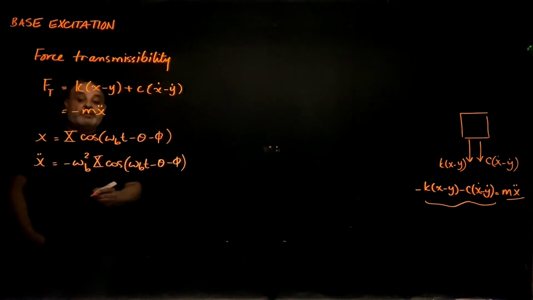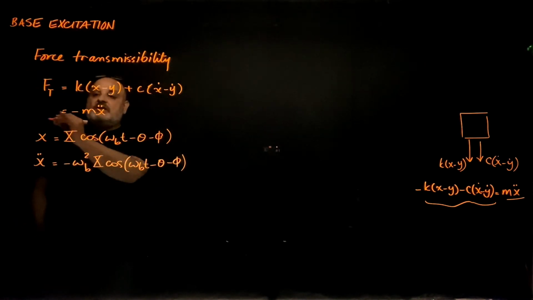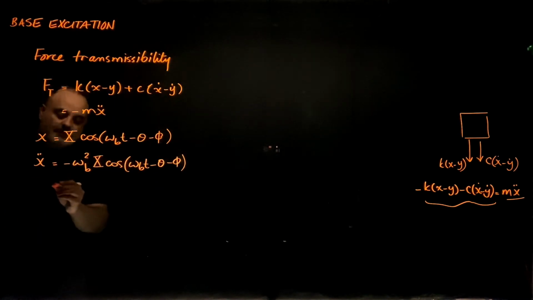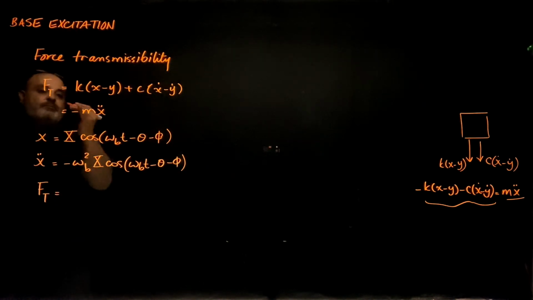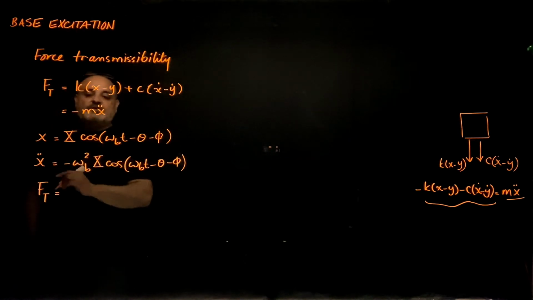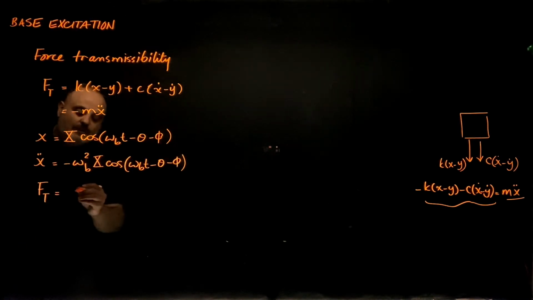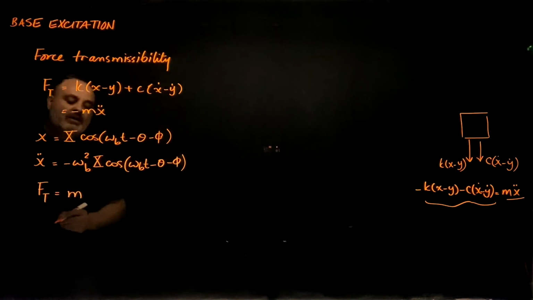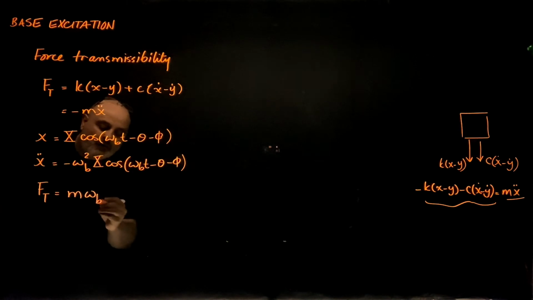Okay. So the amplitude then of the transmitted force F t is m times the acceleration. Both are negative, so I'll use the negative sign, and it will be m times omega b squared X.